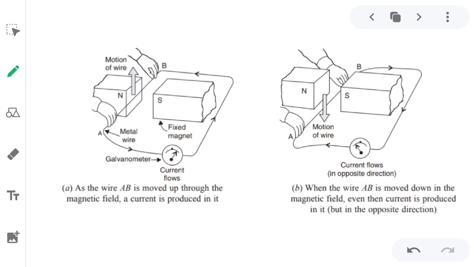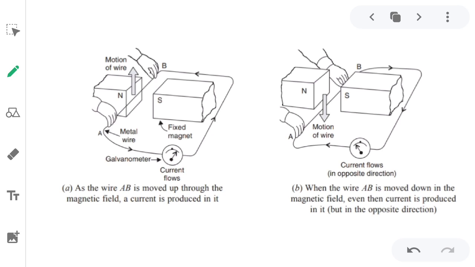In both galvanometers, the arrow mark is in opposite directions. This shows that when we change the direction of movement of the conductor, the direction of the induced current also changes.